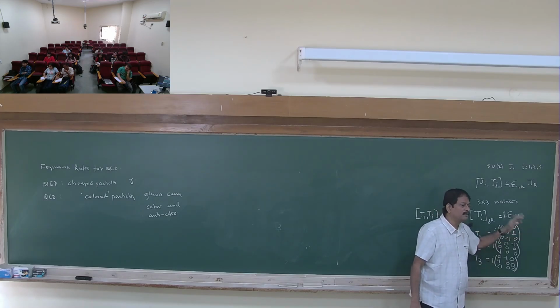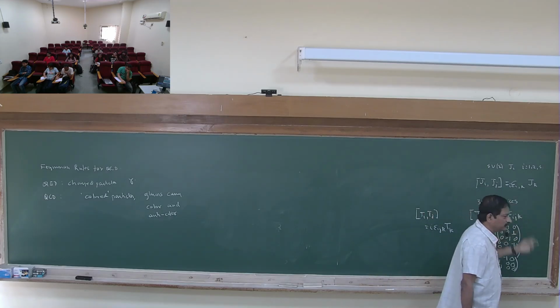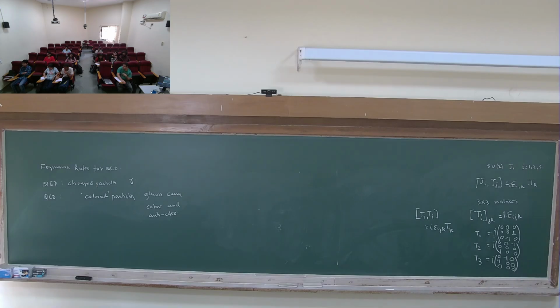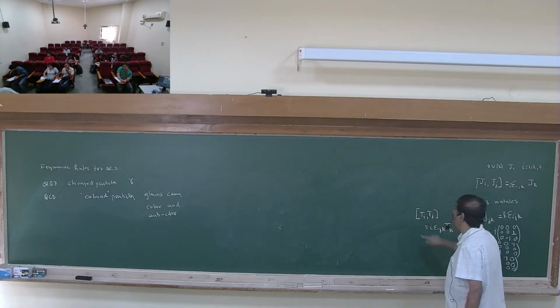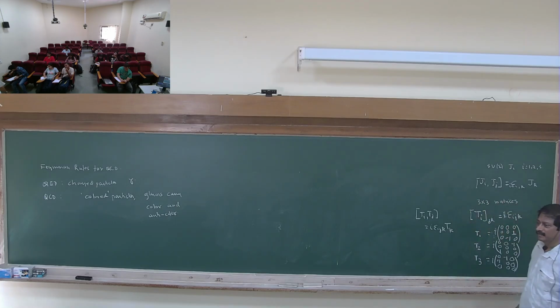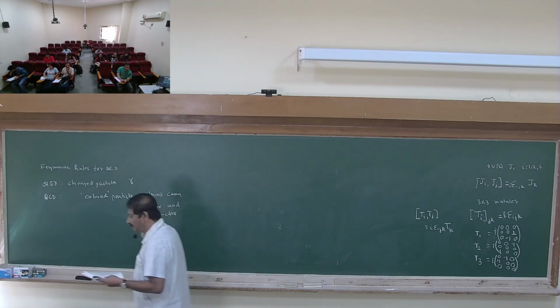Okay? Supposing this had been SU3, how many such generators do you have in SU3? 8. So you can build 8 by 8 matrices which will satisfy the same algebra, and that is the adjoint representation of SU3. Okay, and the transformation law for gauge bosons looks like this, and that's the reason why they have to be in the adjoint representation of the gauge group.